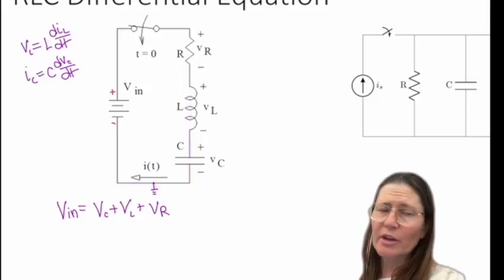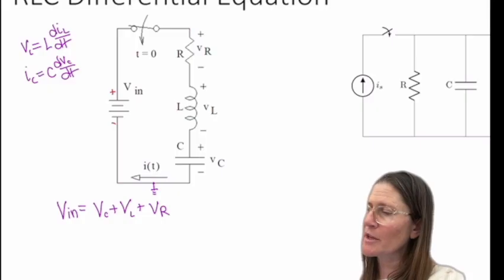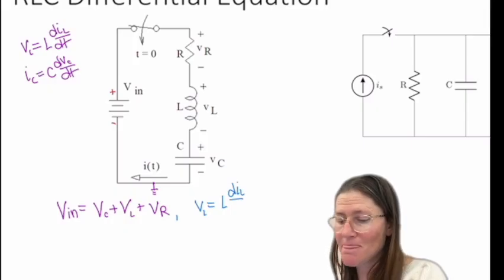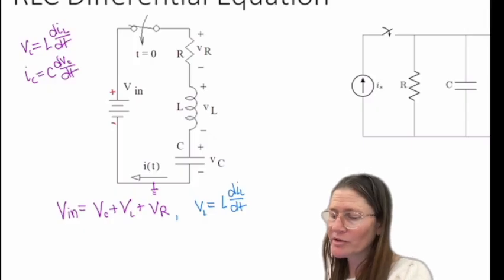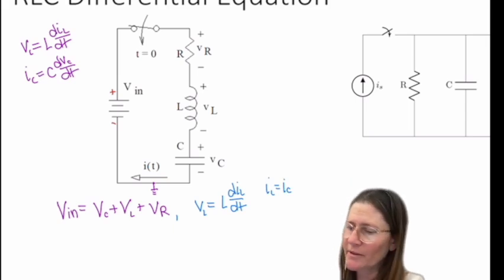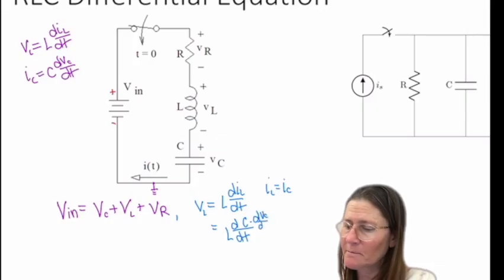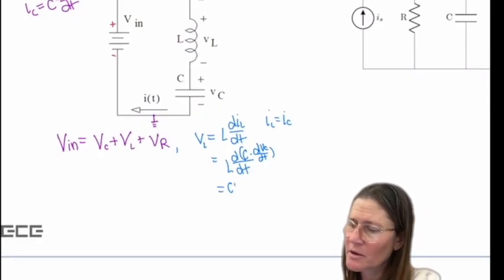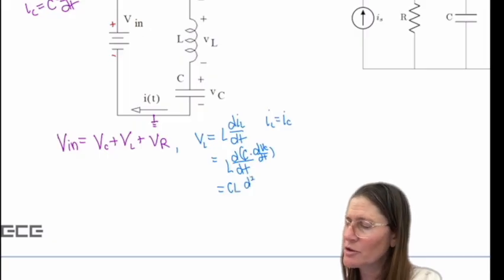We can then use the differential to express the voltage at the inductor as L di/dt, but we also know that IL and IC are equal, so this is actually L times the derivative of IC, which is C times dVc/dt, which turns this into a second order differential.